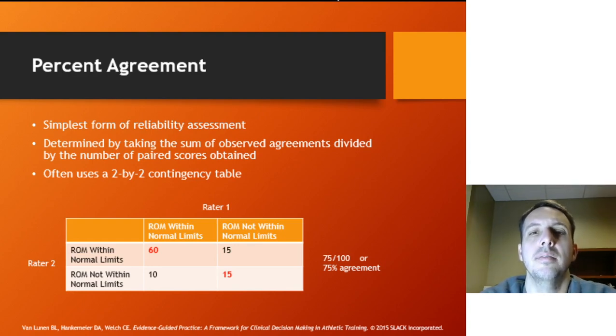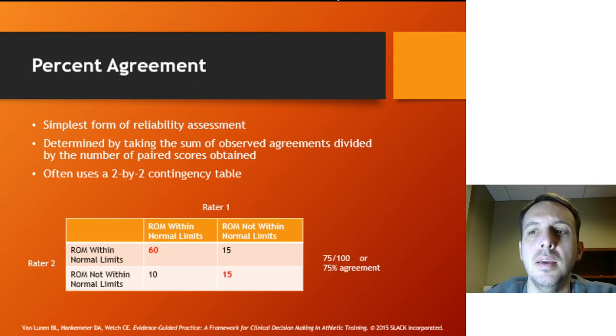So if we use the same sort of example from the neuropsych testing, we're not really concerned with the exact number, but whether or not the neuropsych or neurocognitive test was able to classify individuals as concussed or not, or asymptomatic or not. And so we could use something like a percent agreement here. And usually to get these percent agreements, you do a standard 2x2 contingency table, which is listed there.